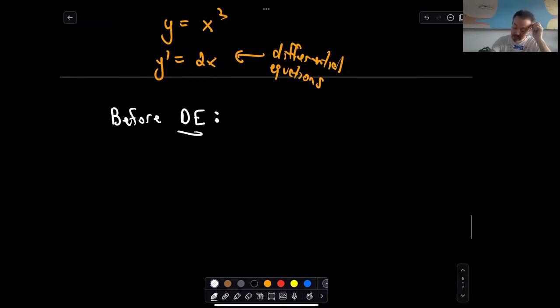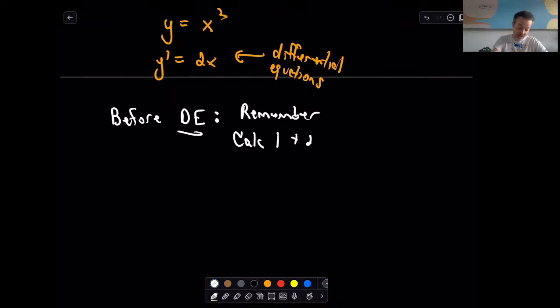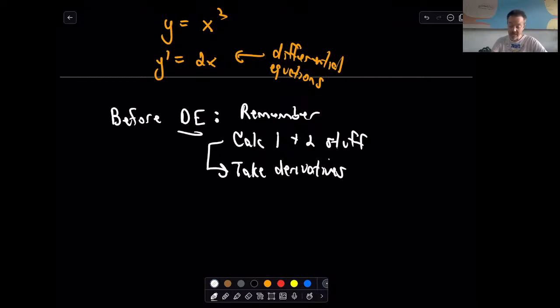So before DE, you don't even really need to remember multivariable calculus. I would remember Calc 1 and 2 stuff. And by that, I would just say know how to take derivatives. It's going to sound very basic, but it's the truth. Be able to take derivatives forwards and backwards.